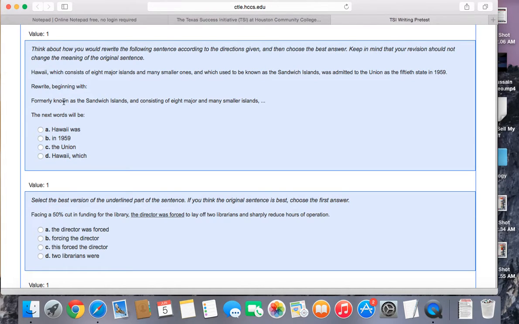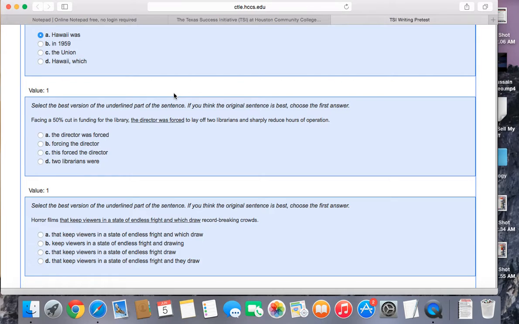Formerly known as Sandwich Islands, consisting of 8 major and smaller islands, Hawaii was... So this is a description, then the subject. You've got to know that. What is it describing? Do you know anything? What is Sandwich Islands? Do you know anything that has 8 major islands? It's Hawaii. Yeah, so then you've got this, which is like present. Did it happen this year? No, so that is why it is, was.